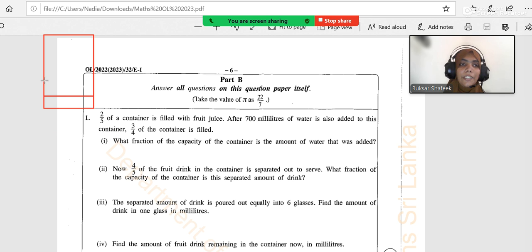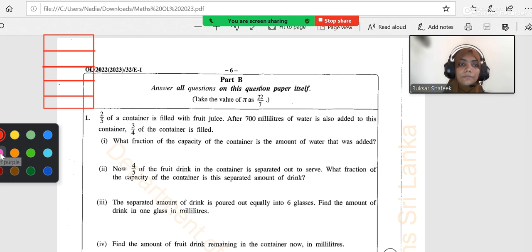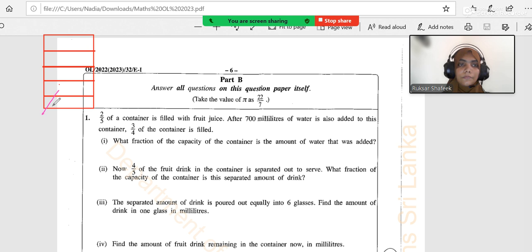Sometimes they may not be very equal, but yeah, it needs to be equal parts. So that's how you have 2/5. So this is 3 and then 4 and 5. So 2/5 basically would be that they are filled up to this section here. There we go.